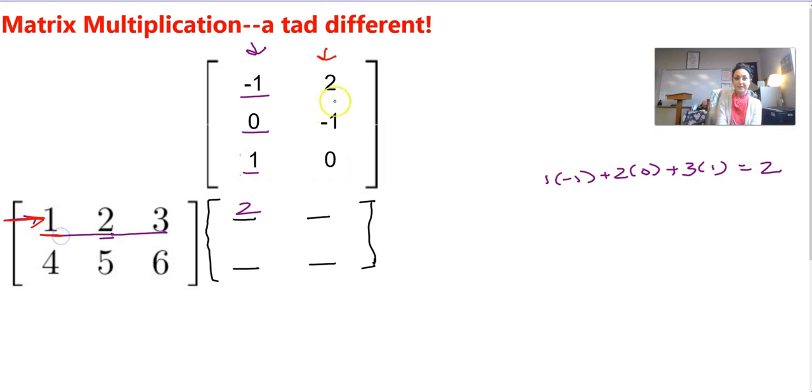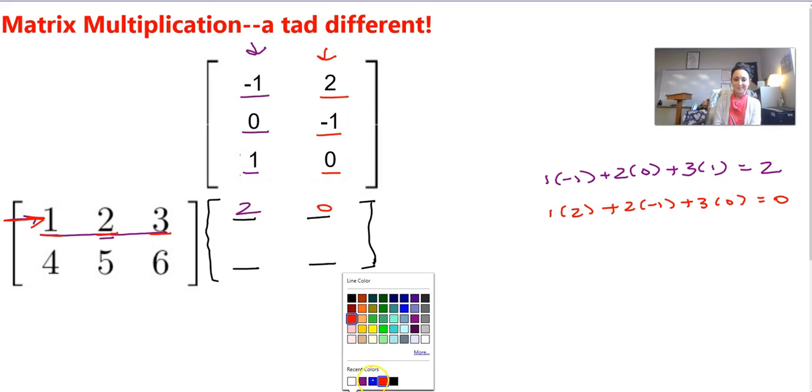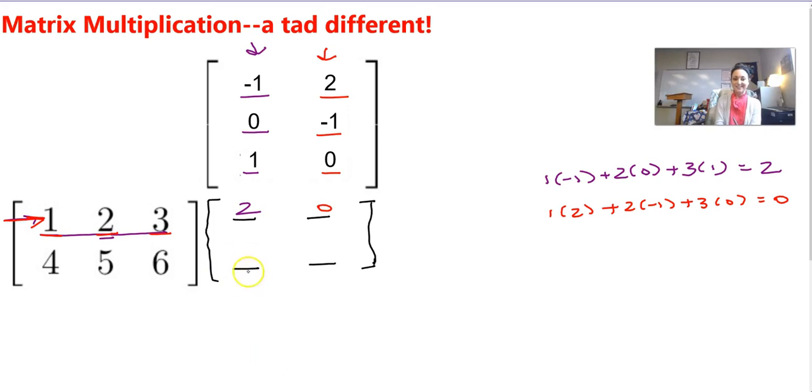I'm going to go 1 times 2 plus 2 times negative 1 plus 3 times 0. This is 2 minus 2 plus 0. I'm getting 0 there. Color coding helps.